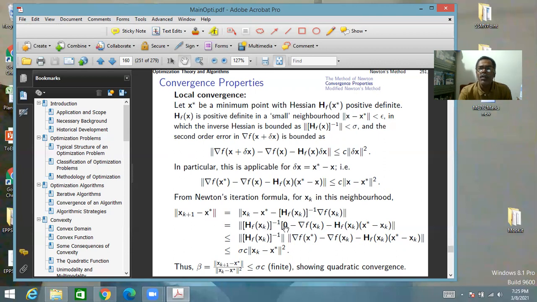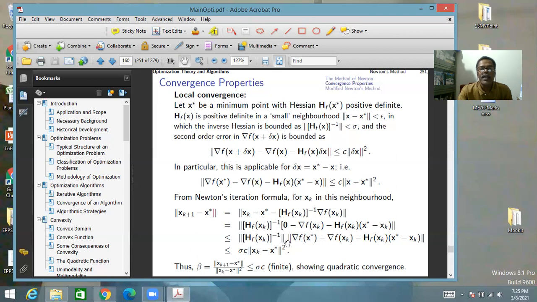Now this 0 that we have put from our own hand freely, that 0 now we will replace with this gradient because that is 0. Gradient at the minimum point, and the rest of it has been posted as it is, except that here it was this matrix times this vector.